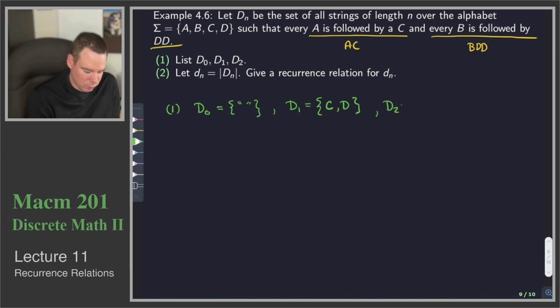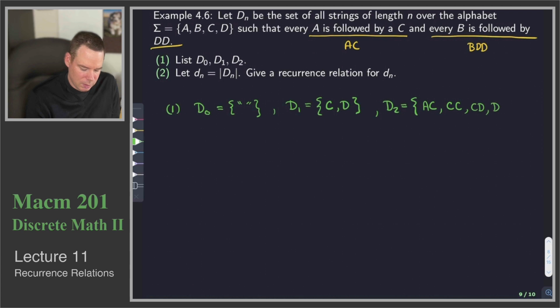How about D sub 2? Could it start with an A? Yep, because it's followed by a C, and then that would eat up the two spots. Could it start with a B? Nope, because it would have to be BDD, which is of length 3. How about, can it start with a C? Sure, it could start with a C, and then what follows it has to be either a C or a D, so it could go CC or CD.